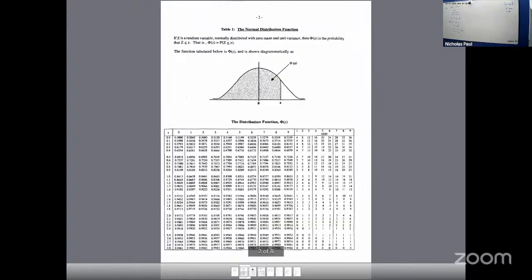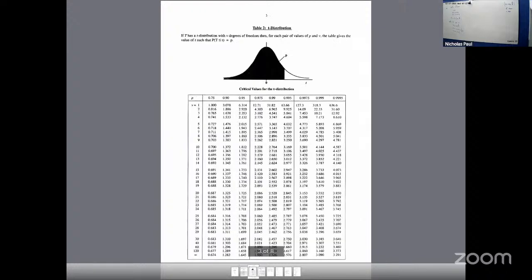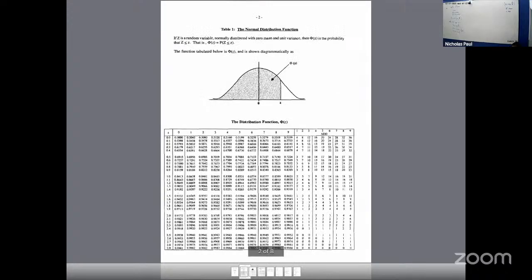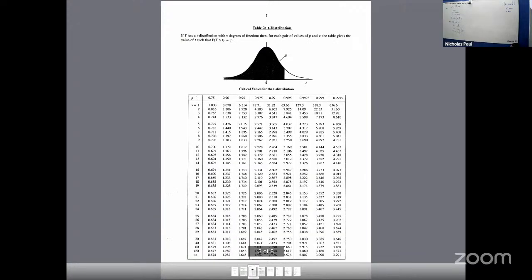You know the shape, right? That's the shape of the normal. Look at the shape of the T. What do you recognize about the T? Quite similar, right? It just has a higher peak. The normal is a little bit flatter because of the amount of values it has. But the T distribution is very similar, but a little bit higher because it has less values in it.